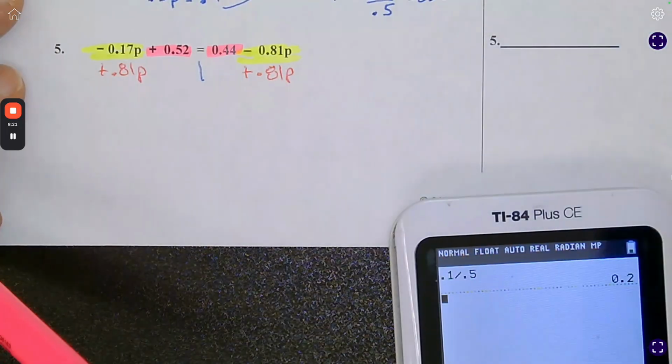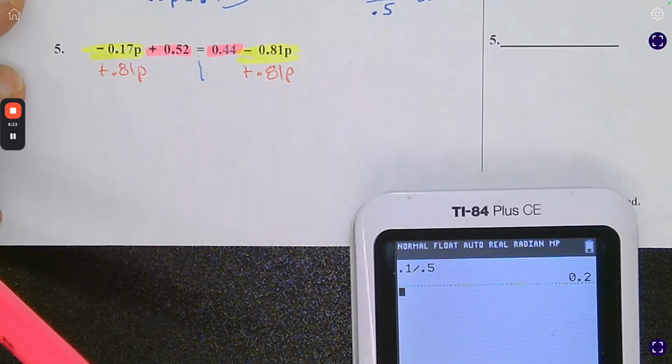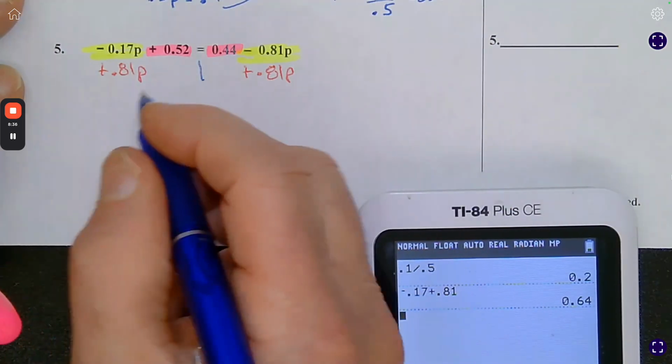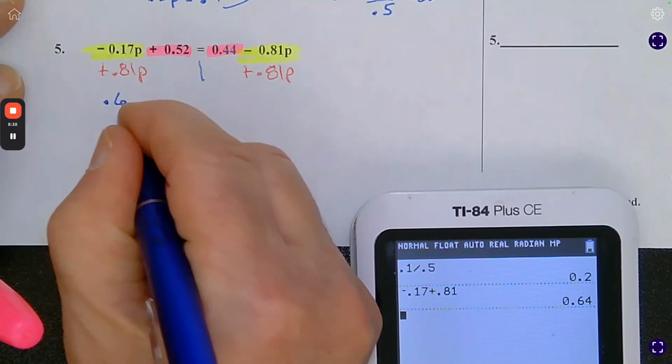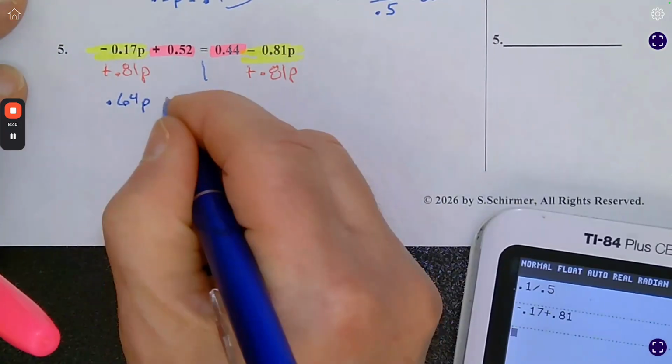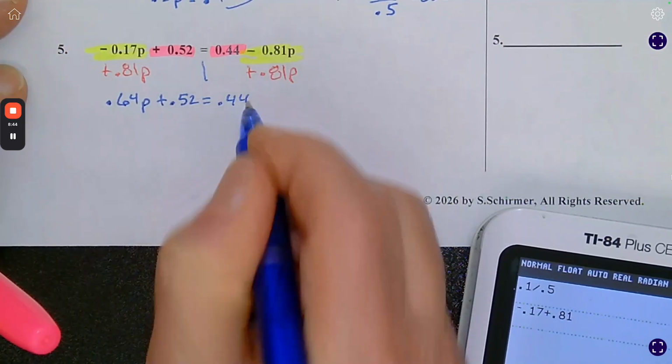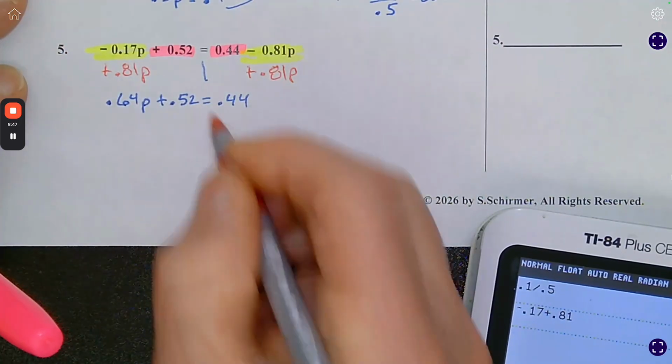Okay, so I got negative 0.17 plus 0.81. That equals 0.64. So that's 0.64p plus 0.52 equals 0.44. All right, now I got to move this constant over.